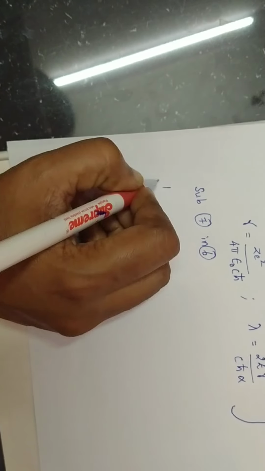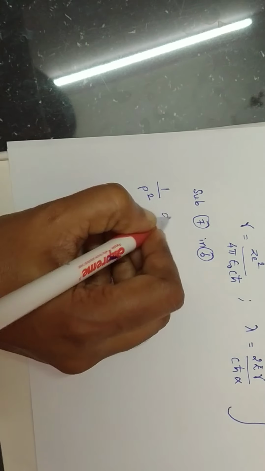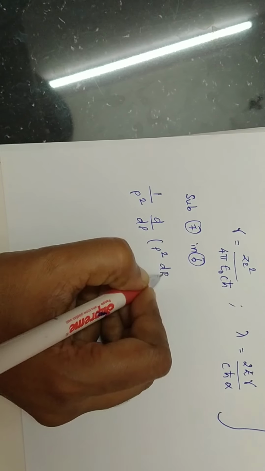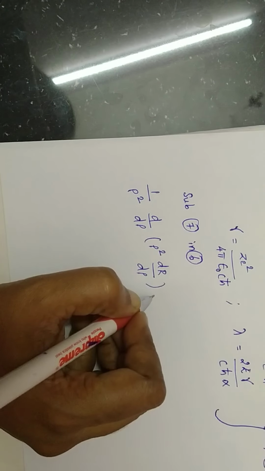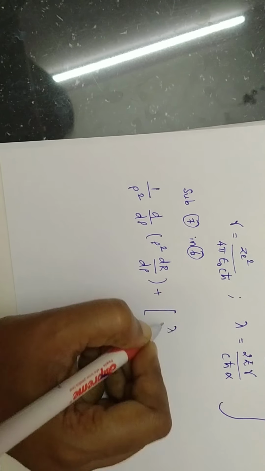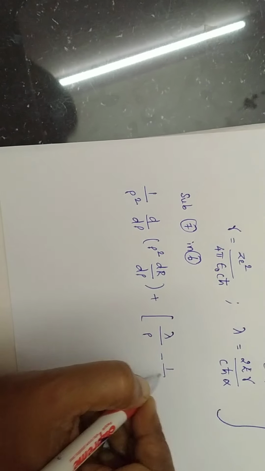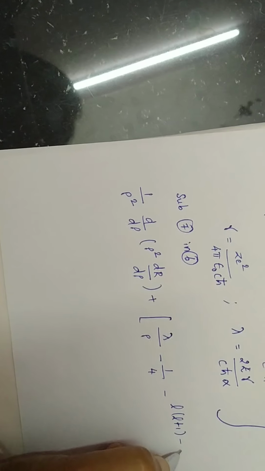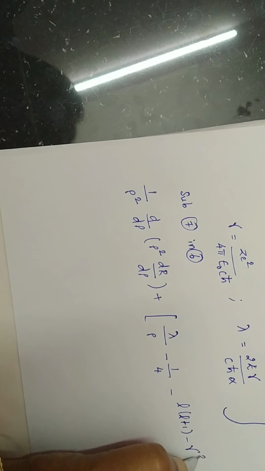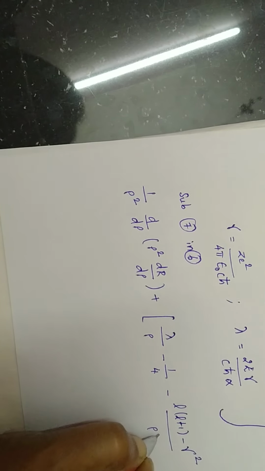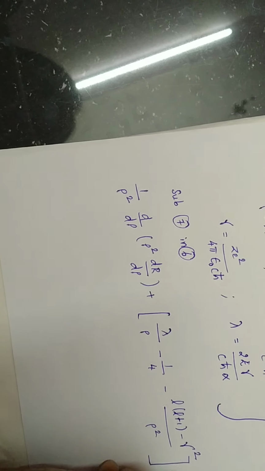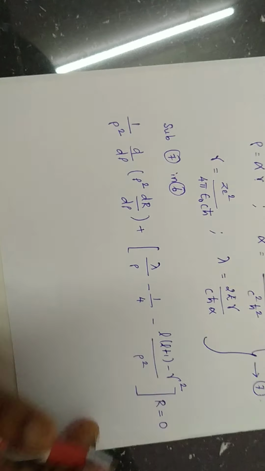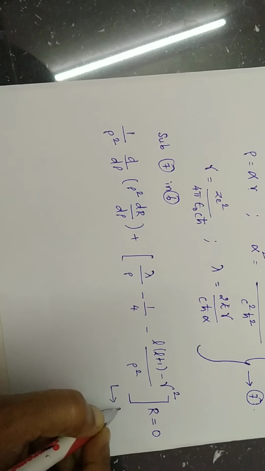The value will be 1 by rho square d by d rho of rho square into dR by d rho, plus lambda by rho minus 1 by 4 minus L into L plus 1 minus gamma square divided by rho square, the whole multiplied by capital R, that is equal to 0. So this is equation number 8 now.